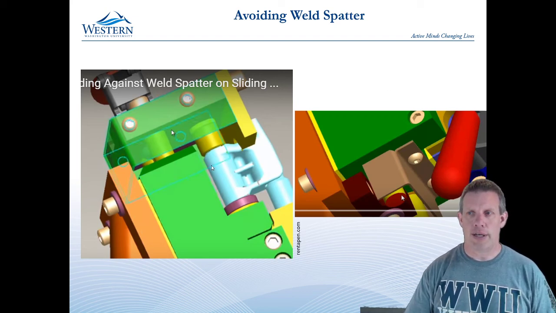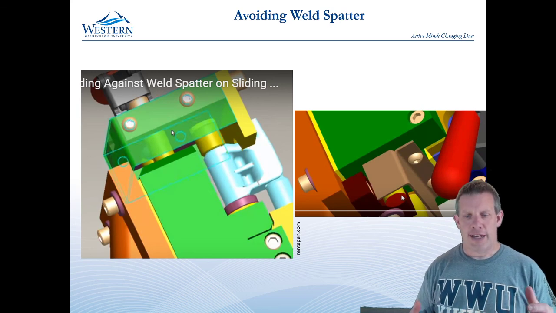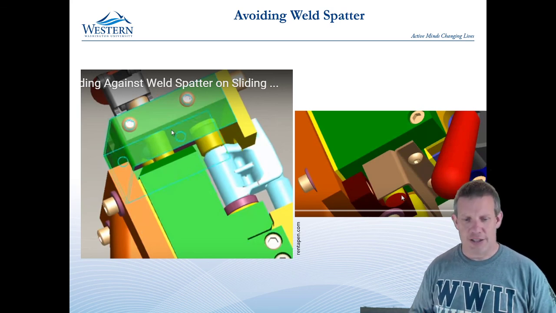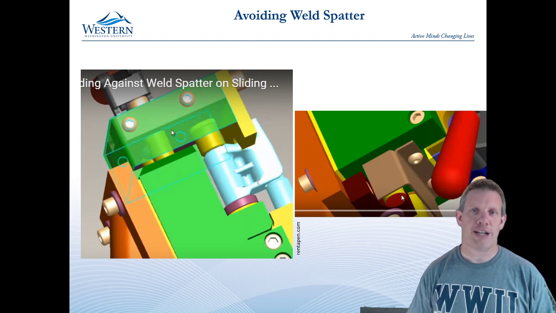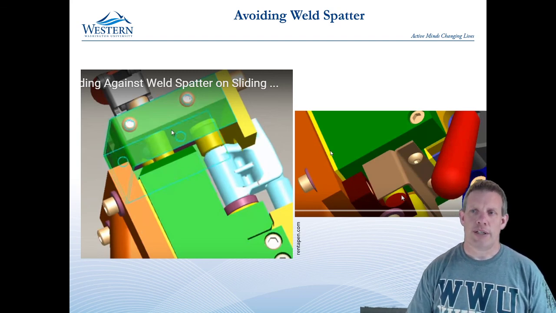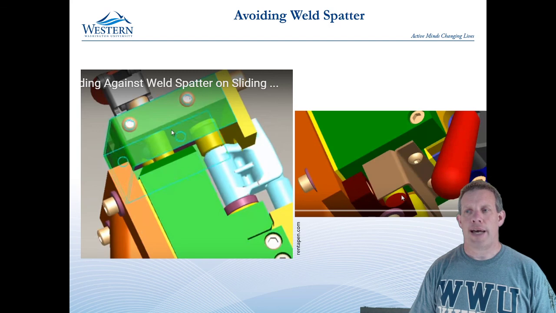And it will, on your fixture, it will melt through vacuum tubing and air lines. It will stick to things and cause pistons to not operate anymore. It can start fires anywhere that there's a hydraulic fluid. And so one of the big things for a weld fixture is to try to cover up the things that are really important so that they will not be damaged by the heat.